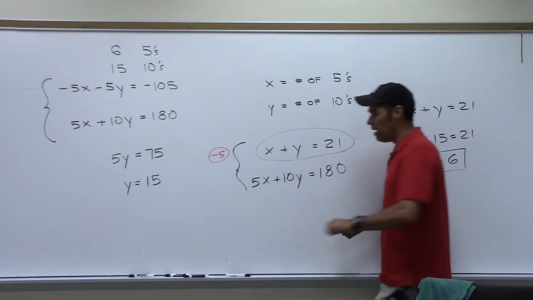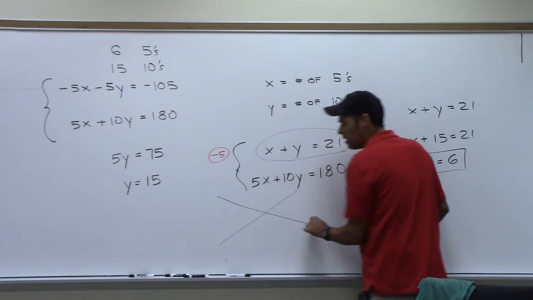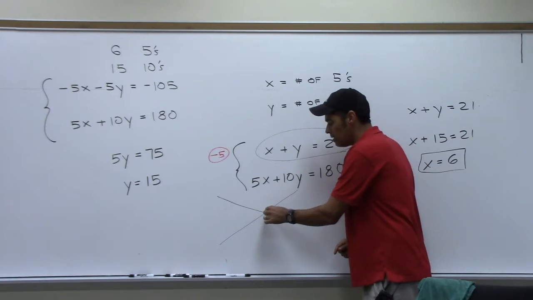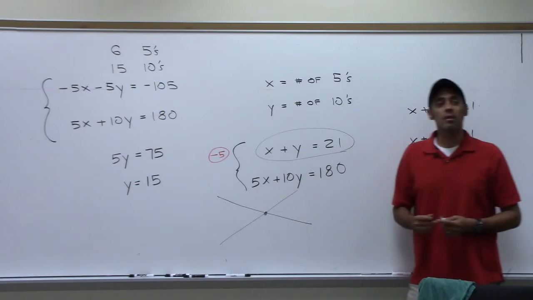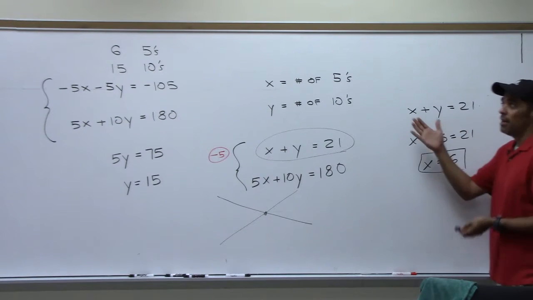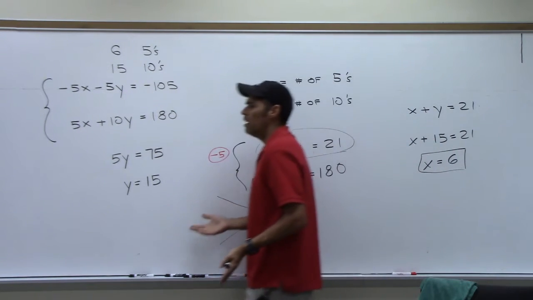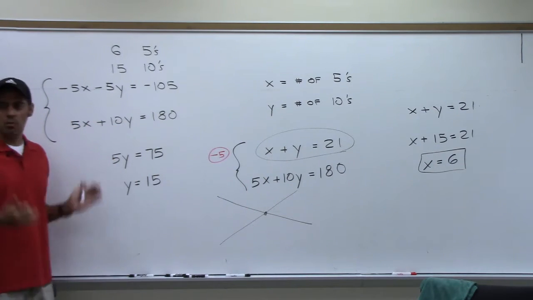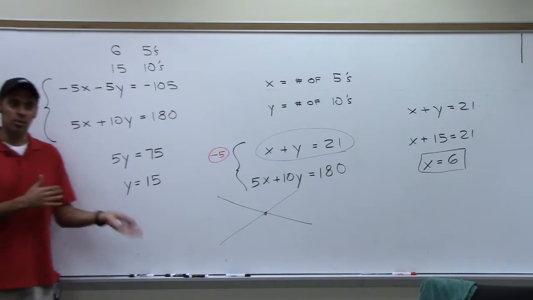These are two lines, right? Two lines can only hit each other once, right? There's only one point that they can hit each other. So there is no other combination of bills that will satisfy these two. Now, of course, you could have $180 in your pocket with 5s and 10s if you take out the 21 bill restriction, right? Then you could do it.